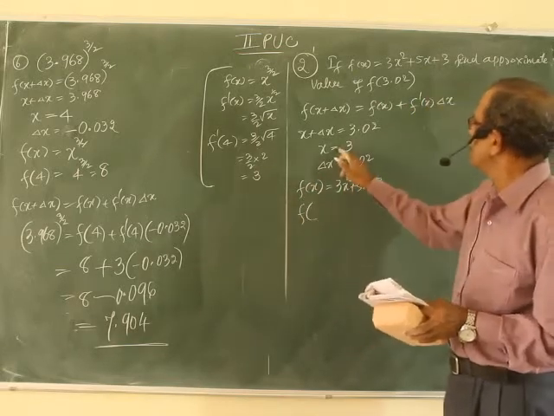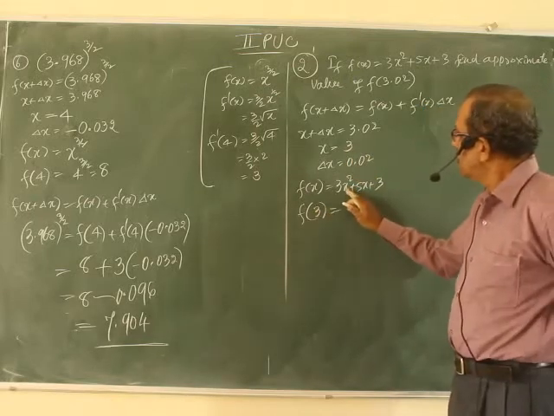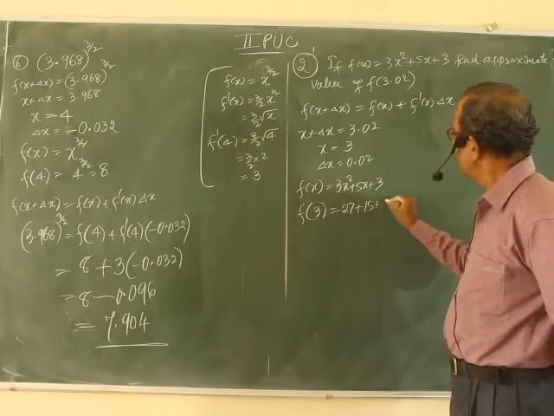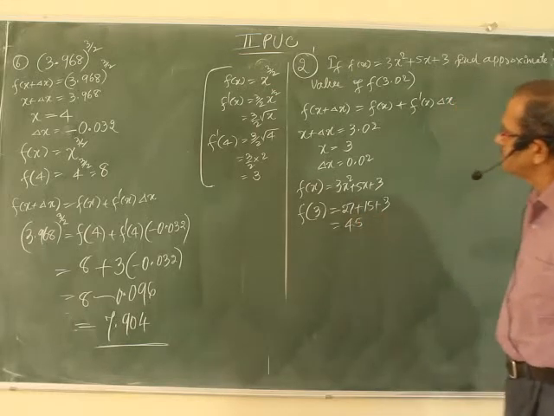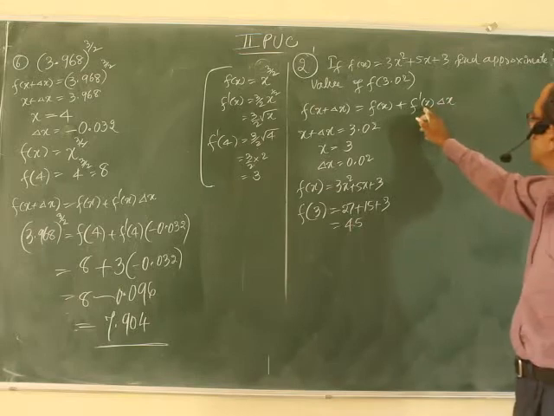F of 3: 9 into 3, 5 into 3, 3. 27, 30, 45, correct, no? F of 3 over.